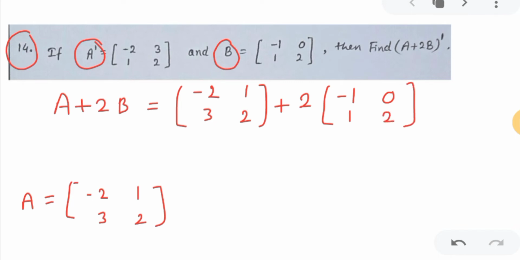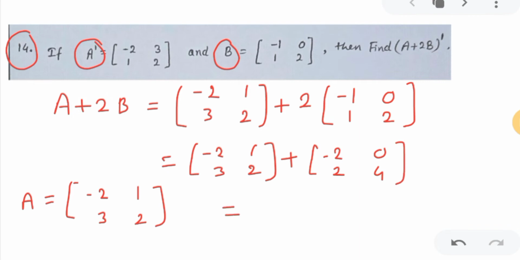So this you know how to do. First I will multiply this 2 in this matrix, correct? So first matrix will be as it is, [-2, 1; 3, 2], and second, 2 will multiply to each element of the matrix. 2 into -1 will be -2, 2 into 0 will be 0, 2 into 1 will be 2, 2 into 2 will be 4.